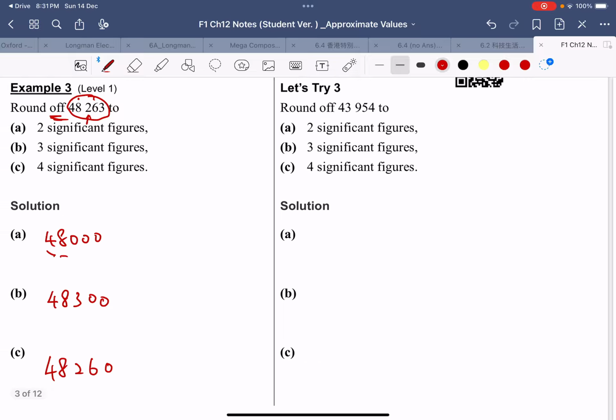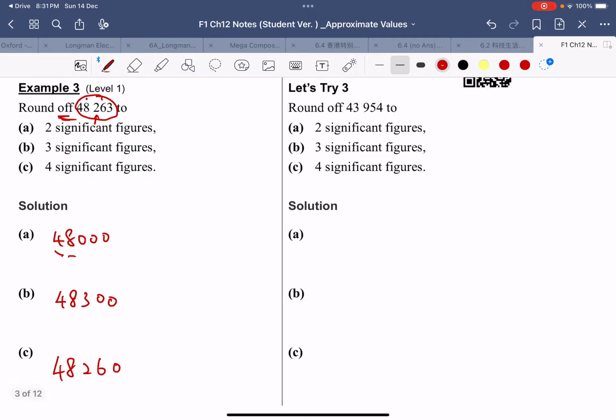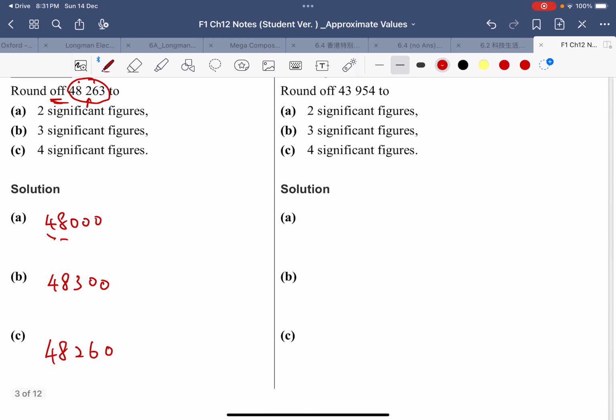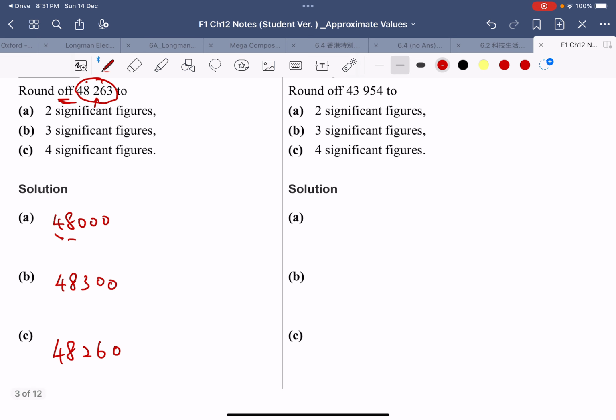Okay, let's try the one on the right. Round off the number to 2 significant figures. 1, 2. Because this is 9, we need to add 1 to the 3. Not 4, 3, actually.